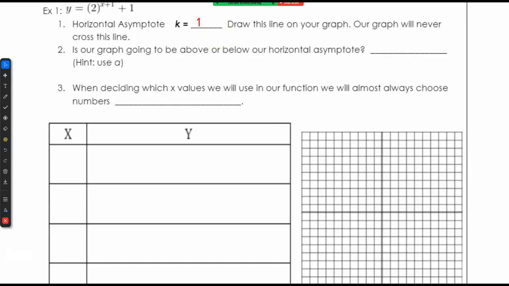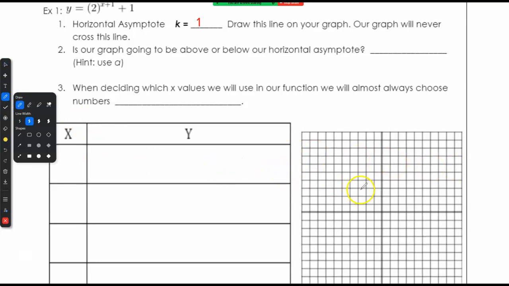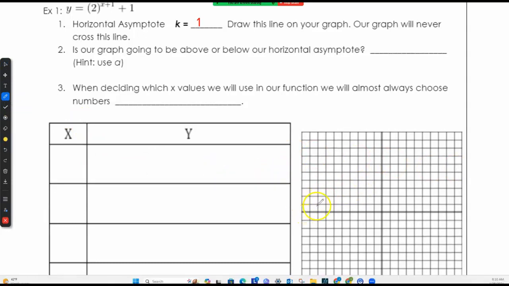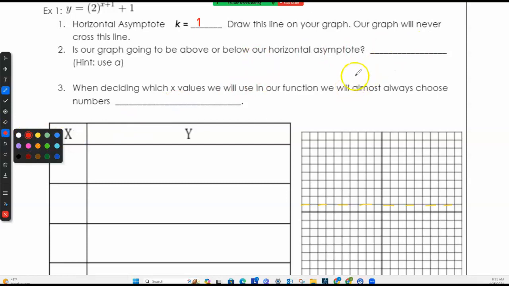So we need to draw this on our graph so we can get started. So k equals 1 is going to be right here. All right, so our graph is never going to cross that line.